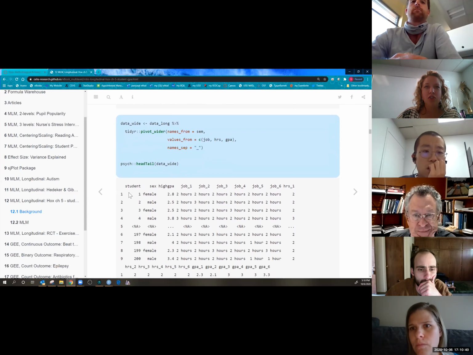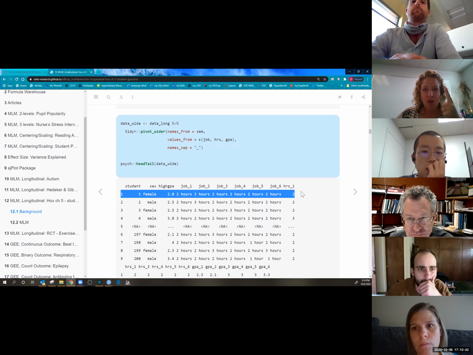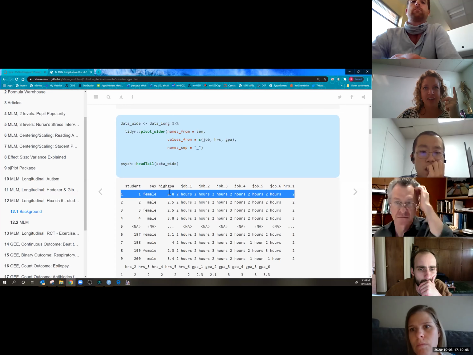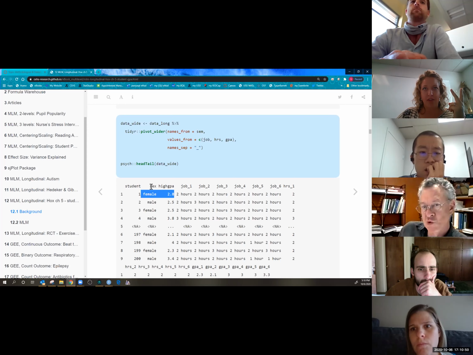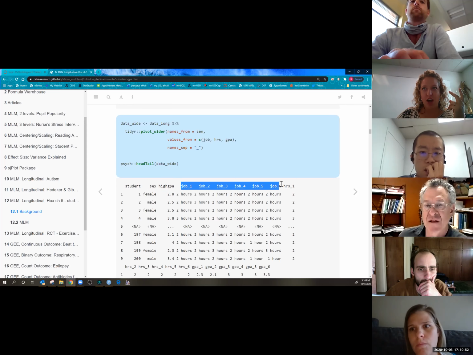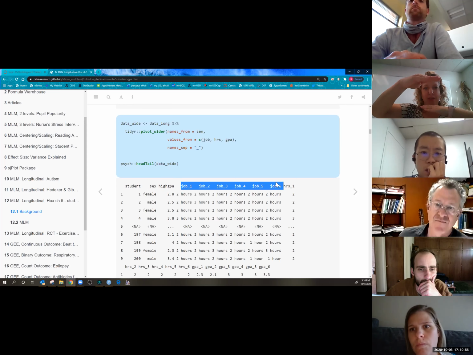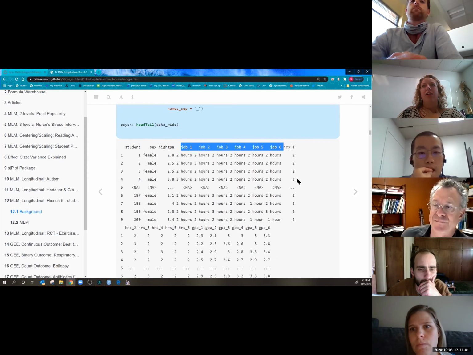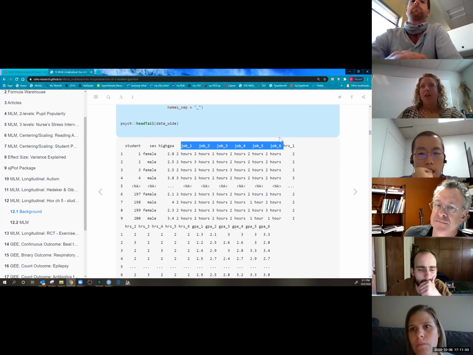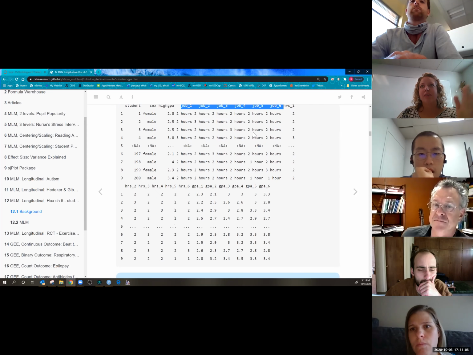So now you notice student 1 only has 1 line. Their sex and high school GPA are constant, so we only have 1 of those. But their job hours, we have 6 of those, but instead of being on 6 separate lines, they're now 6 columns. This is a bad view because it's wrapped the line, because it would have gone off the screen.